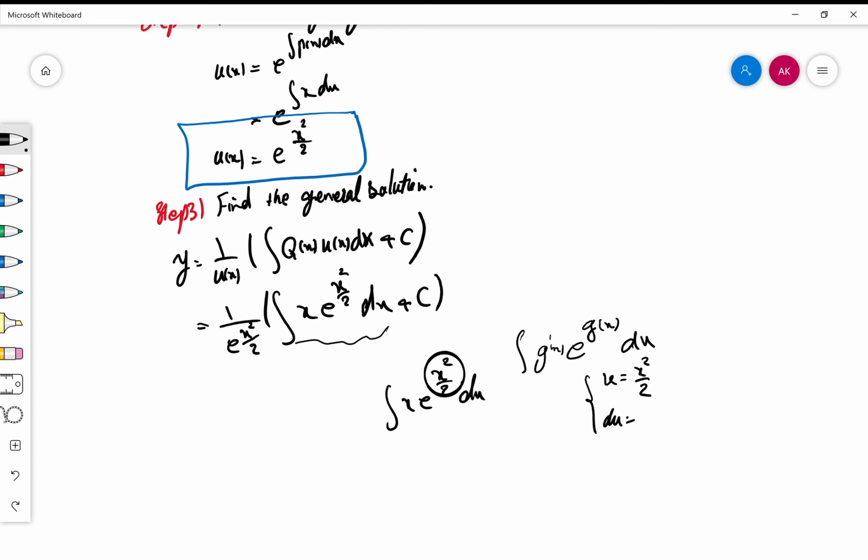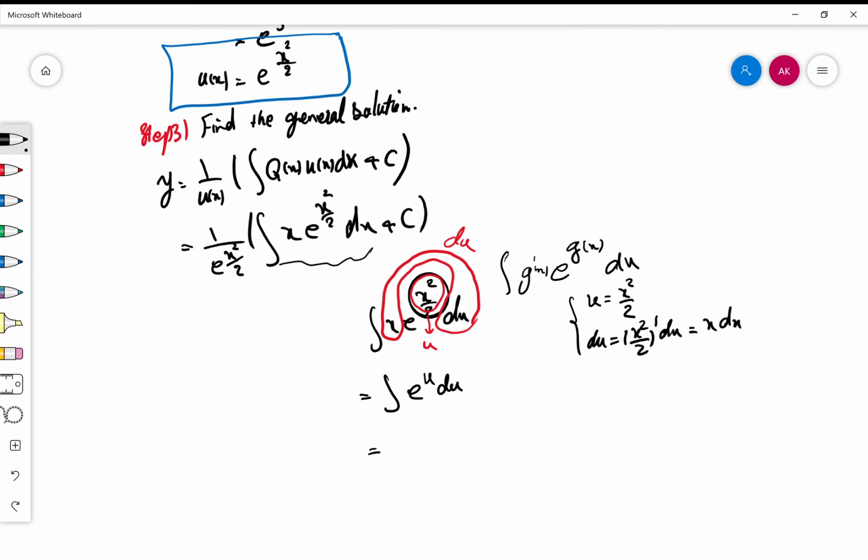Then du is the derivative of that, which is x dx. So I have the integral of e to the power u du, and the antiderivative of that is e to the power u. I will put that c, and then when you go up, I don't include that. Then I plug back in that u, so it will be e to the power x squared over 2 plus c.